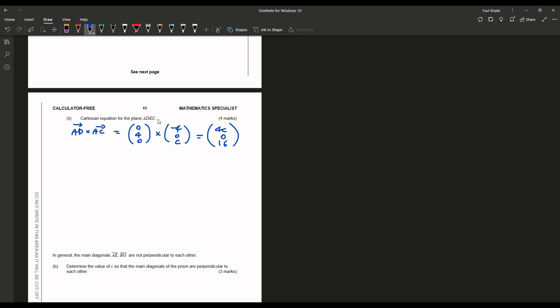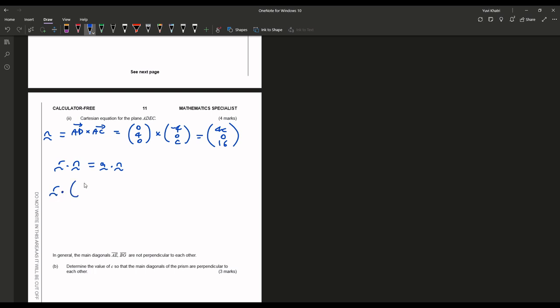That's the normal vector to the plane. We need the equation of the plane in the form r dot n equals a dot n, where a is the position vector of any point that lies on the plane.